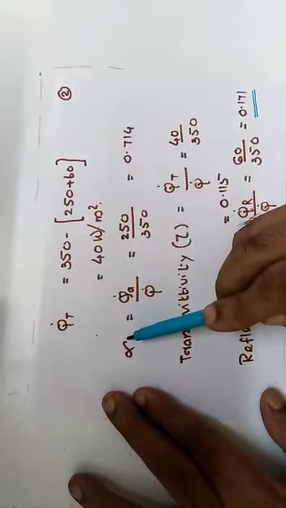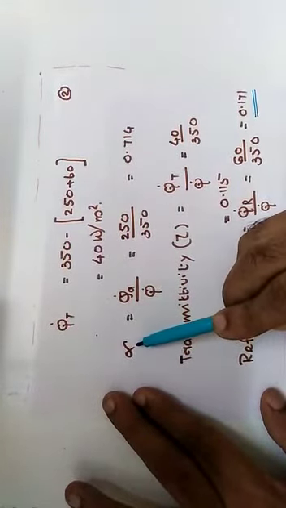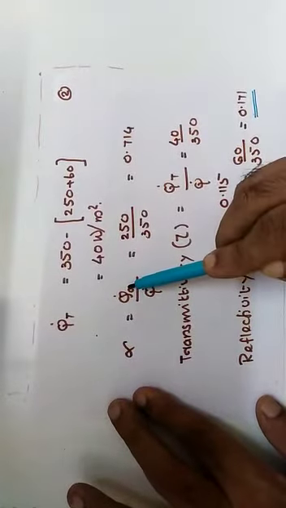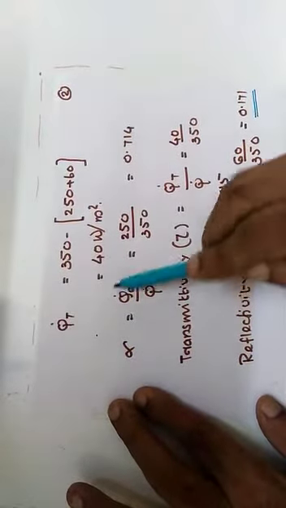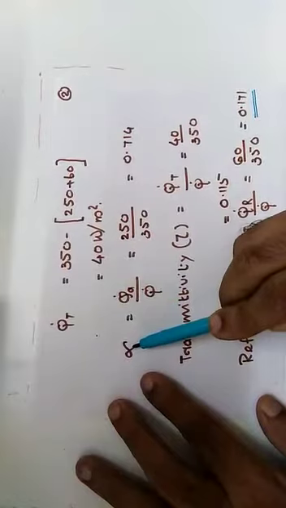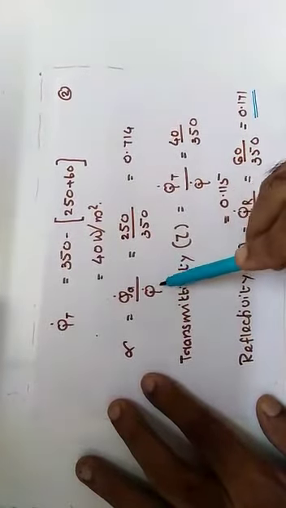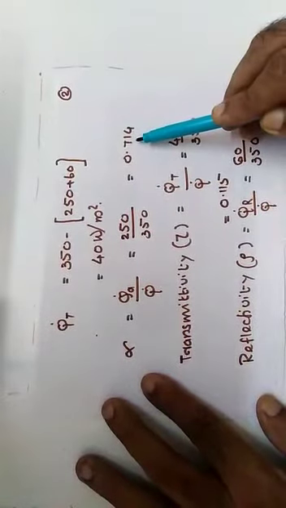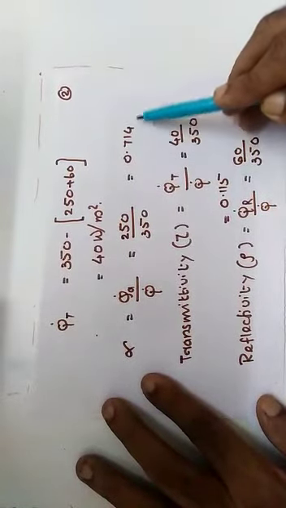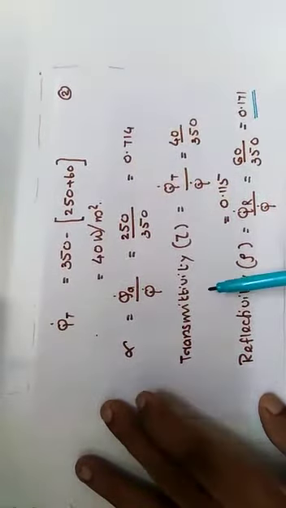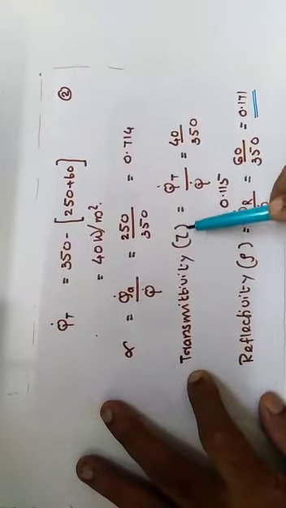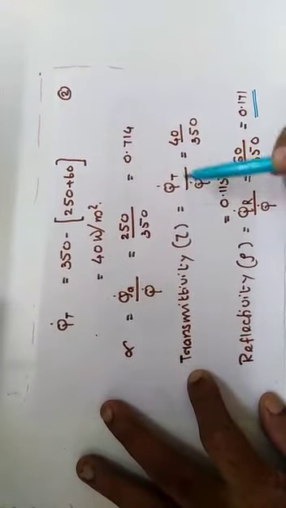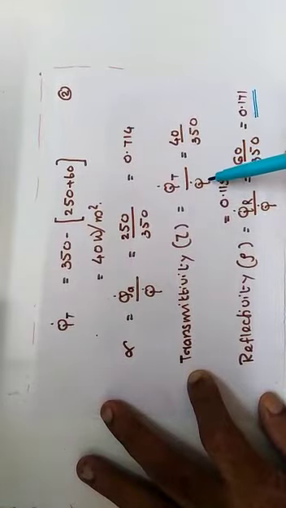We have absorptivity alpha equal to Q dot A by Q dot. This equation we already studied. So this will give you the absorptivity alpha as 0.714. Similarly, the transmittivity of the surface tau equal to Q dot T divided by Q dot.